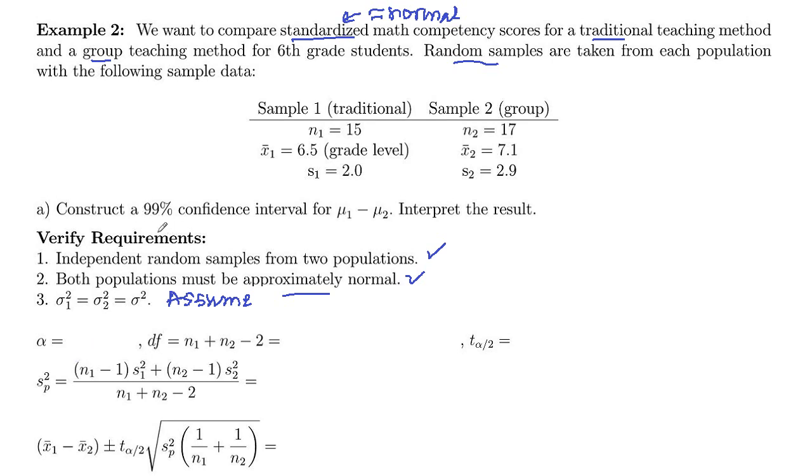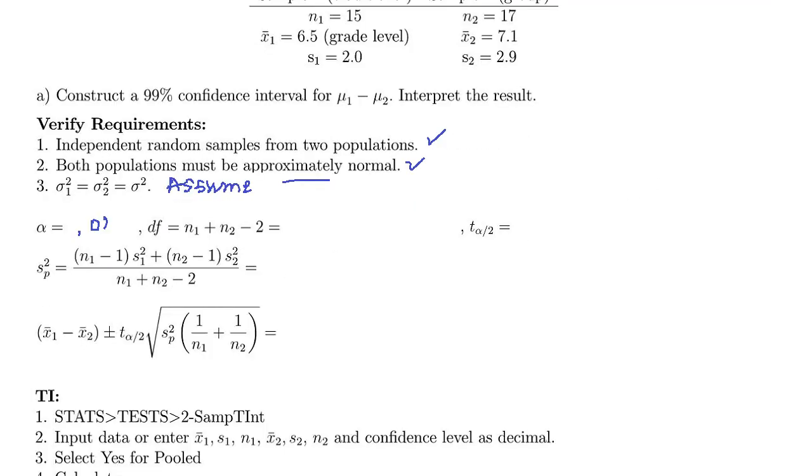Our alpha, 1 minus 0.99 is 0.01. Our degrees of freedom here, N1 plus N2, 15 plus 17, and then minus 2 is 30. And then alpha over 2 is 0.005.